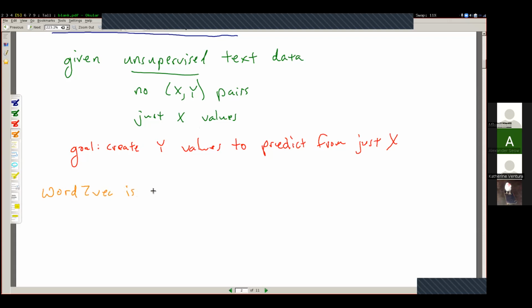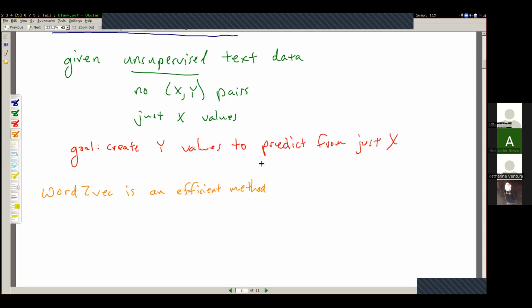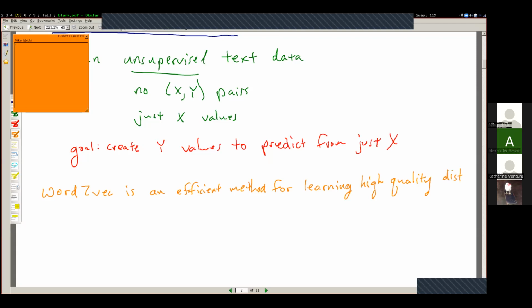Word2vec is an efficient method for learning high quality distributed vectors. All we have is input text that looks something like this.